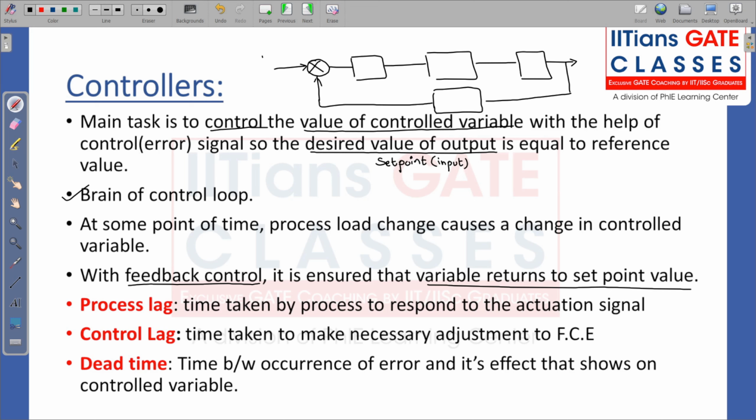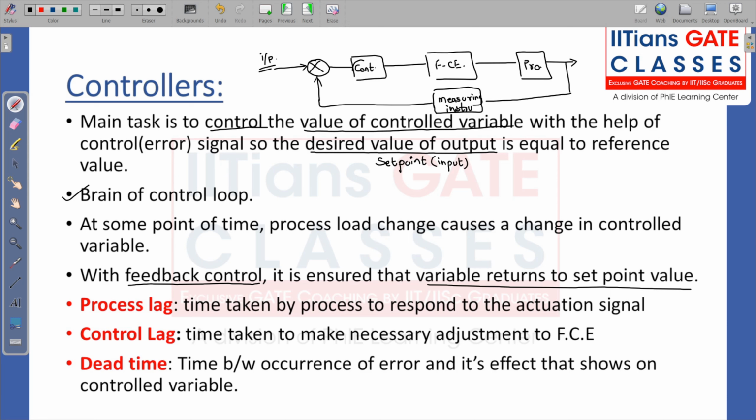I have already discussed the reference input and all those things, measured variable, different types of variables, what is final control element. So this is my measuring instrument. And this is my set point.